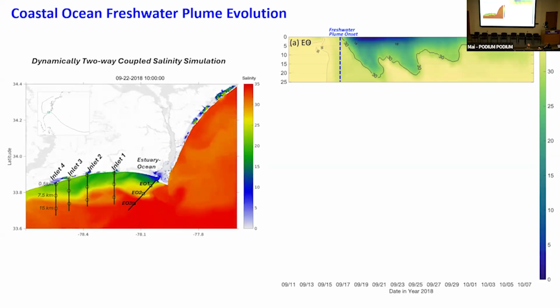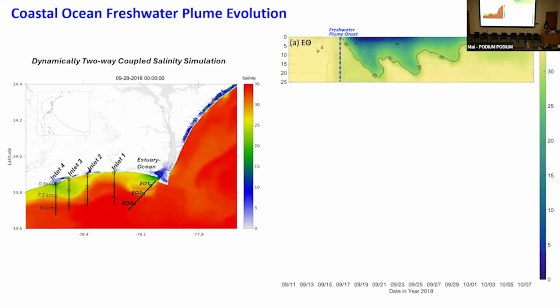So 0 is here, the coastline, and the distance goes away from here. From this panel, we use the 30 isohaline as the boundary to isolate the freshwater plume. We can see here, close to the estuary mouth, we observed three times the freshwater plume expand up to 20 kilometers away from the estuary mouth.